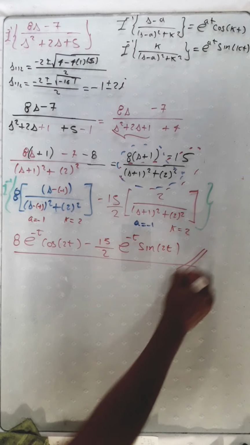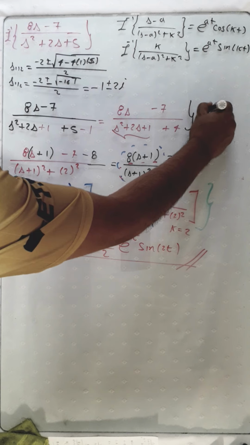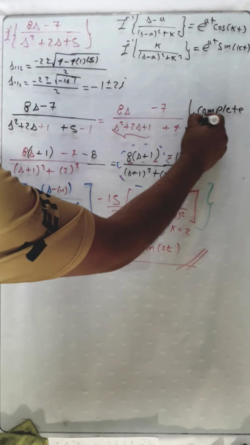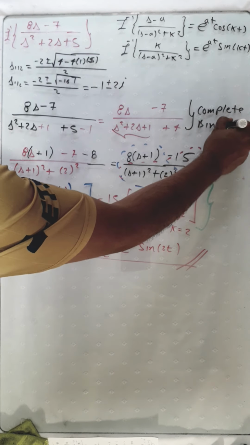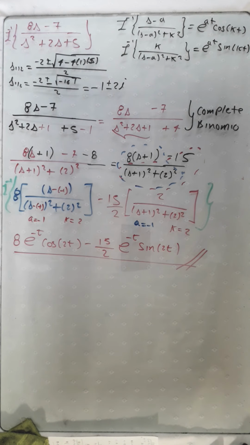And this is the way to work on this kind of fractions where you have to complete the binomial. I'm going to make here the note, complete the binomial. And the reason behind completing the binomial is to have the same denominator as the formulas here.